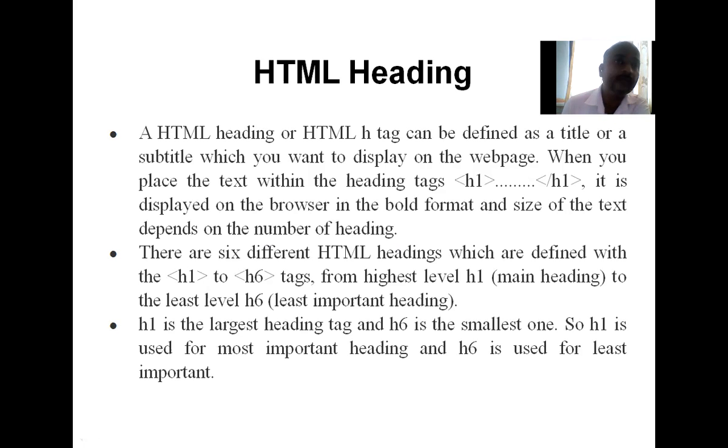For the main heading, use H1. H1 is the largest heading tag and H6 is the smallest one. So H1 is used for the most important heading, whereas H6 is used for the least important heading.